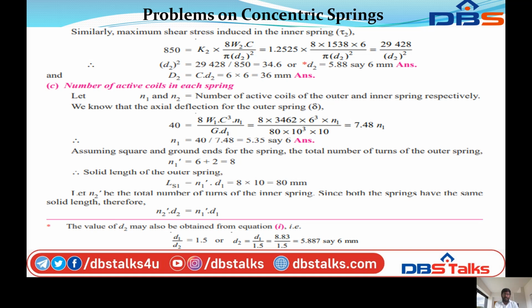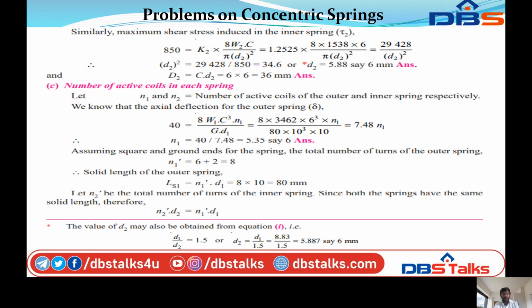We know that the axial deflection for the outer spring, delta 40, is equal to 8 into W1 into C cube into N1 by G into D1, that is equal to 8 into 3462 into 6 cube into N1 by 80 into 10 cube into 10. So finally 7.48 into N1. So we can calculate N1 is equal to 40 by 7.48, that is equal to 5.35. So this will be rounded to 6. So N1 is equal to 6.